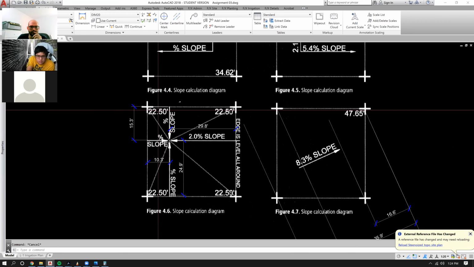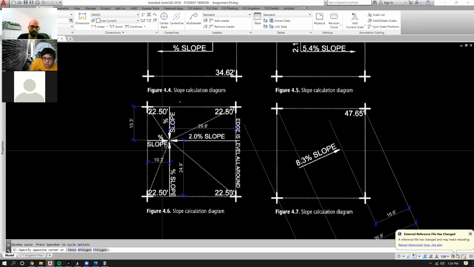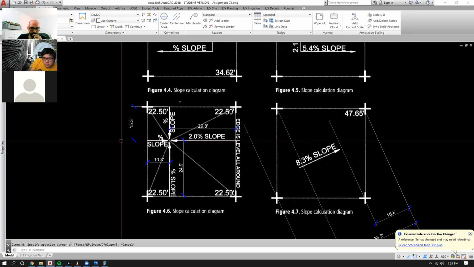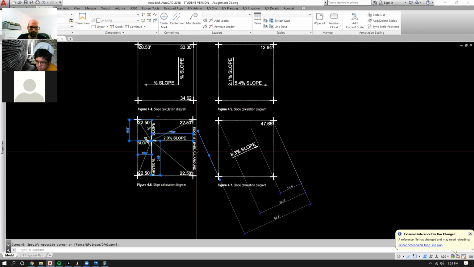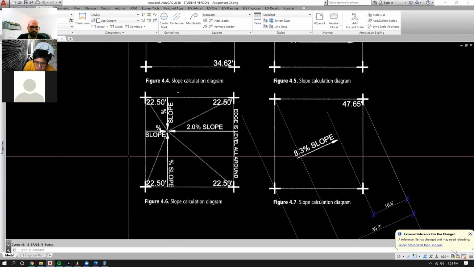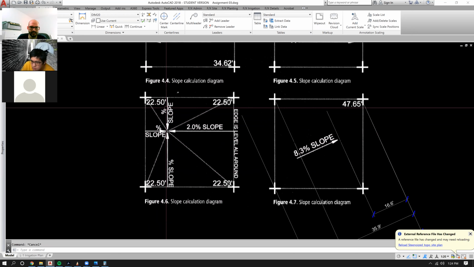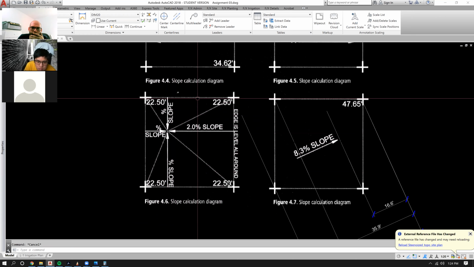You're figuring out these 3 missing slopes. This one's a little bit of a mess. Yeah, you're just filling in the 3 missing slopes.